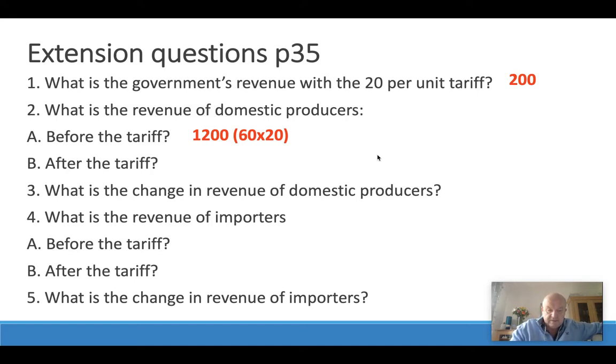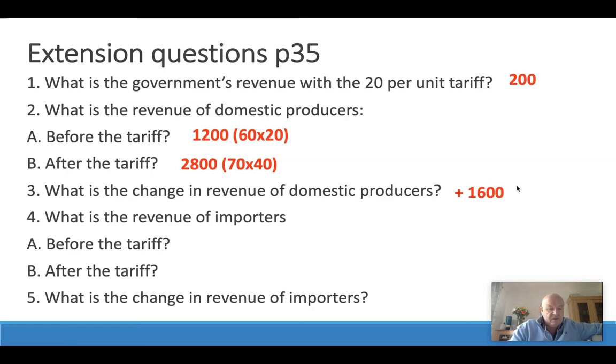Okay, and subsequent to that, after the tariff, basically they would be producing 70 units at 40p. So that would be a significant increase, as we can see, in terms of the amount of revenue that's been generated. Okay, what would be the change in revenue of domestic producers then? Well, we can see basically that would be an extra £1,600. So we take the one figure B, take A away from it, these two figures here, and that would give us an extra increase of 1,600 in revenue.